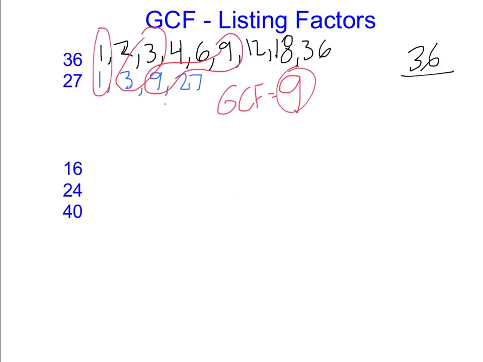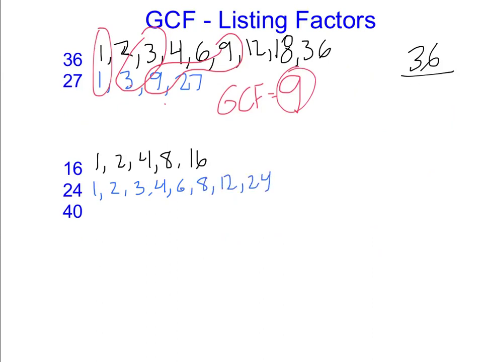I'm going to do the same thing down here with 3 numbers. So now it has to match for all 3. For 16, I have 1, 2, 4, 8, and 16. For 24, I have 1, 2, 3, 4, 6, 8, 12, and 24.